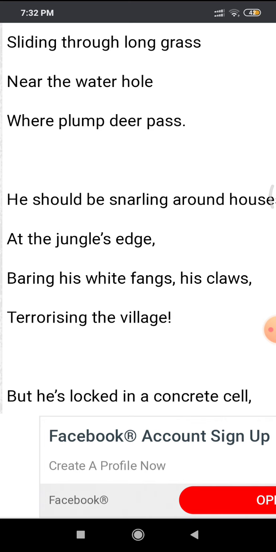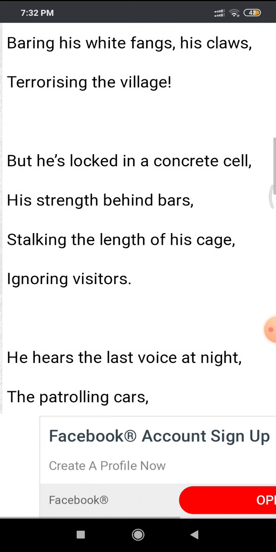Okay, so stanza 4. But he is locked in a concrete cell, his strength behind bars, stalking the length of his cage, ignoring visitors. But the poet sees the tiger is locked in a concrete cell in the zoo. So, but he is locked means he is helpless.